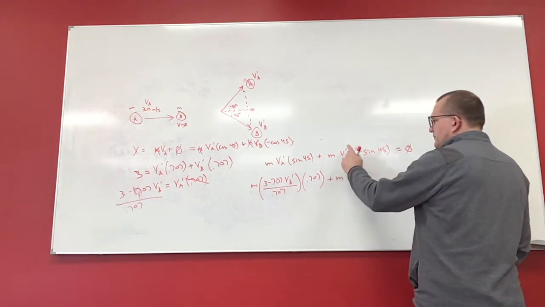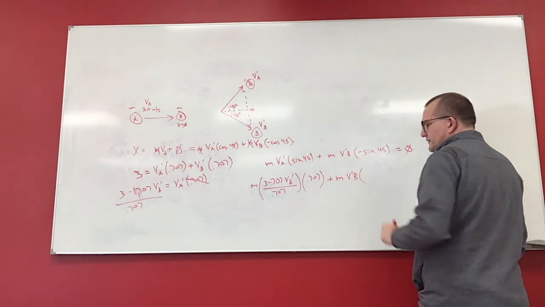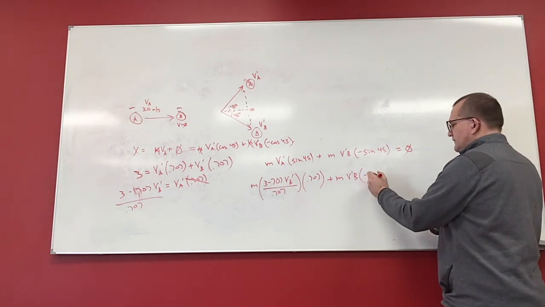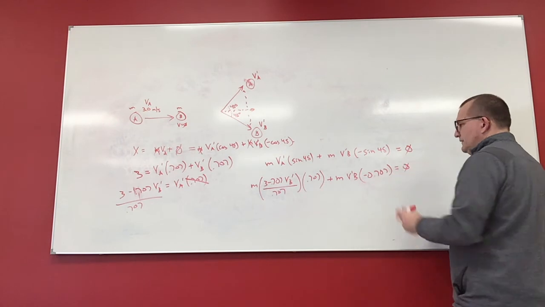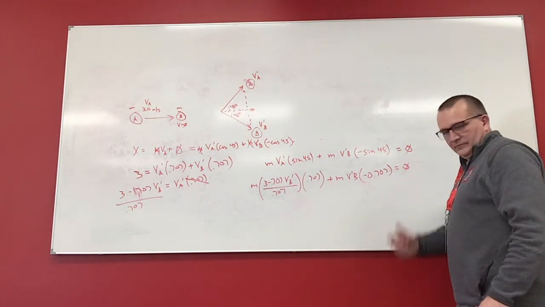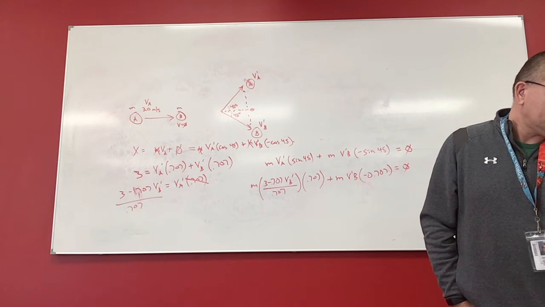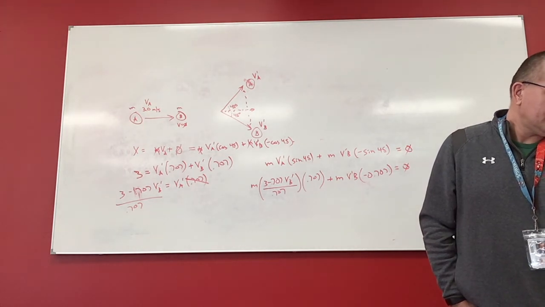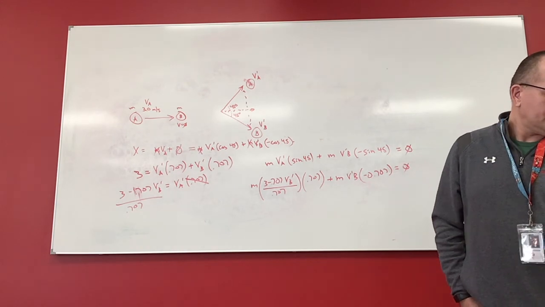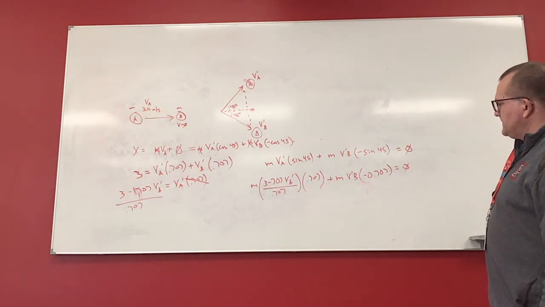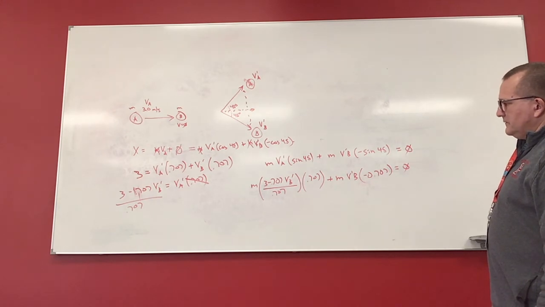Plus m V prime B negative sine, so the sine of negative 45, negative 0.707, equal to 0. So far, so good, right?